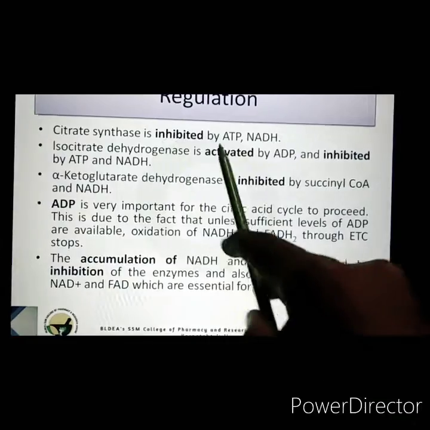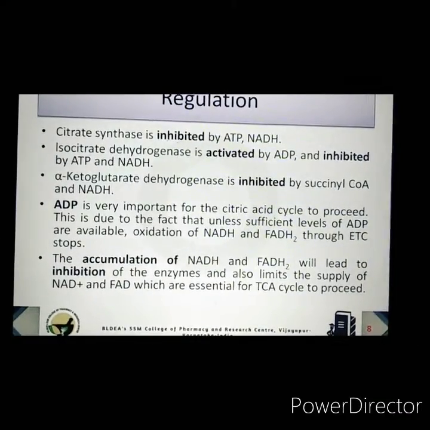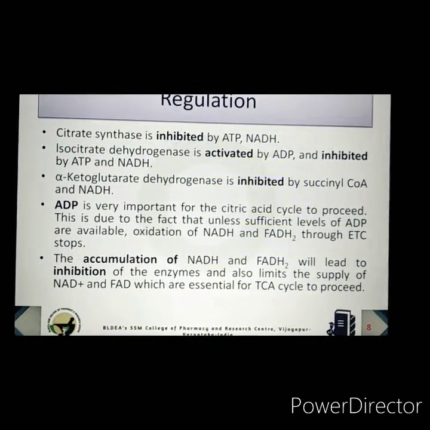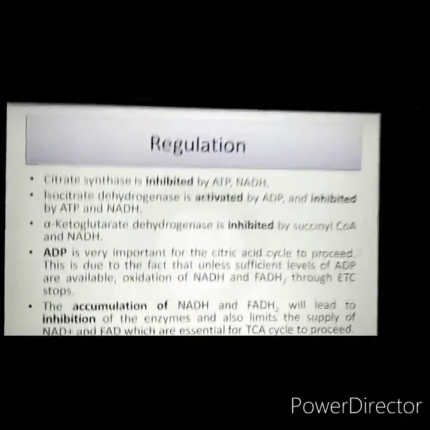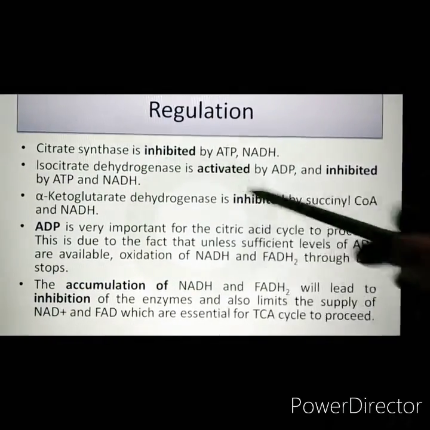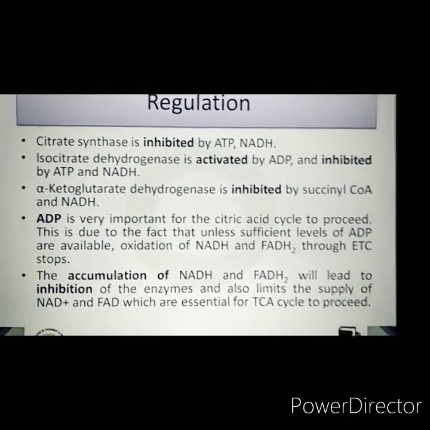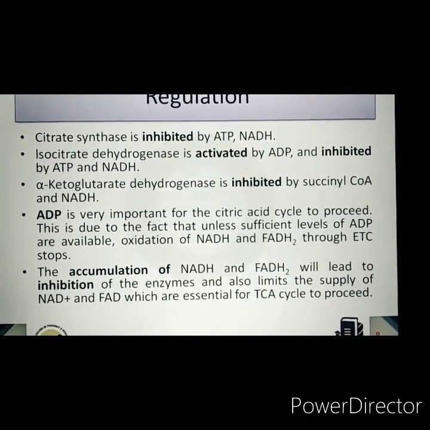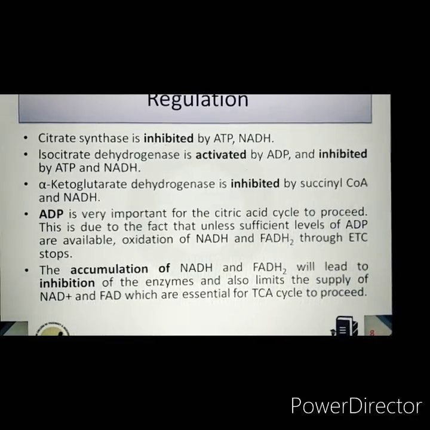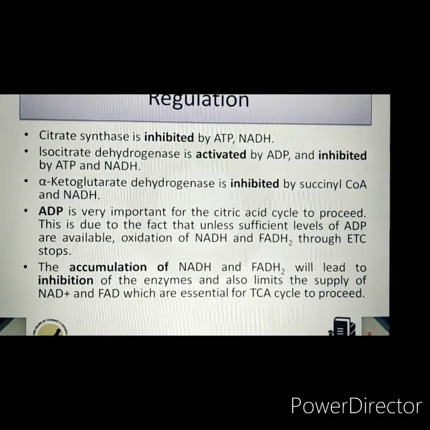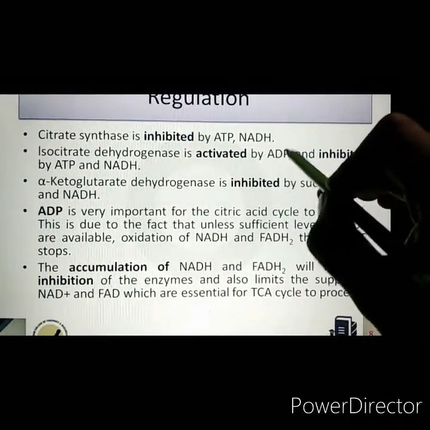Isocitrate dehydrogenase is the enzyme responsible for synthesis of alpha ketoglutarate. This enzyme is activated by ADP, because ADP is adenosine diphosphate. So there is a deficiency of energy in the body, and in such a case ADP molecules are high.